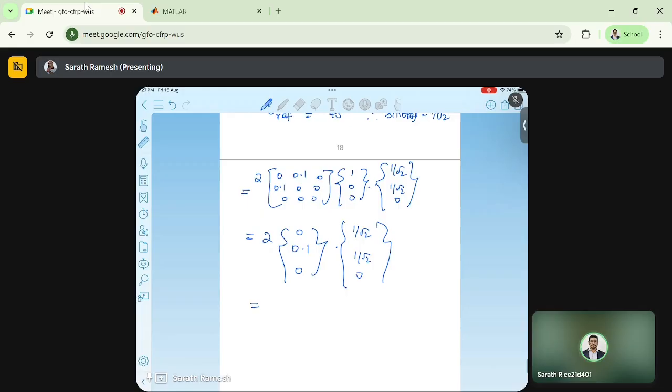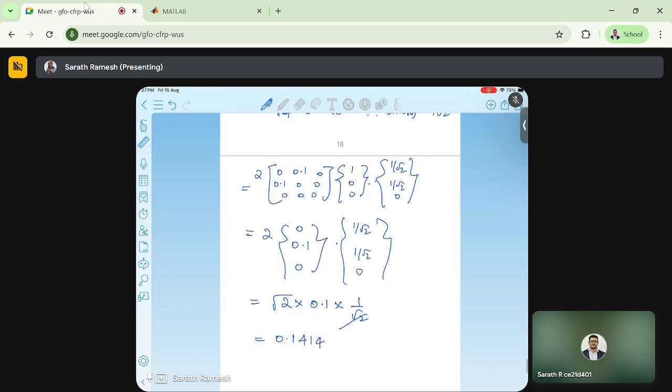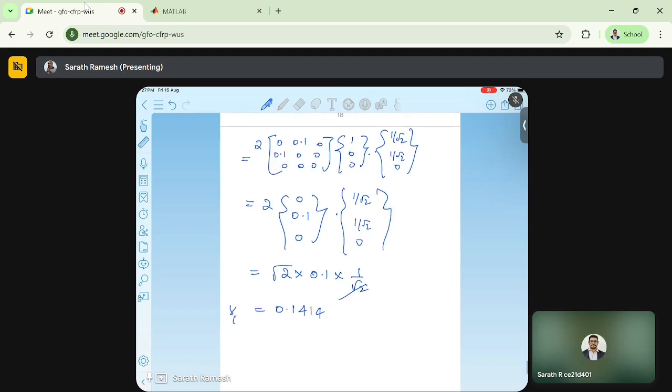So this will be 2 times 0.1 into 1 by root 2. Root 2 will get cancelled. So it is 0.1414, right? Okay, this is gamma AB. If you want to convert it in terms of degrees, multiply this by 180 by pi.